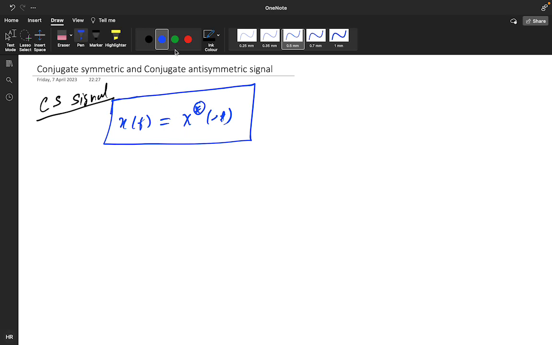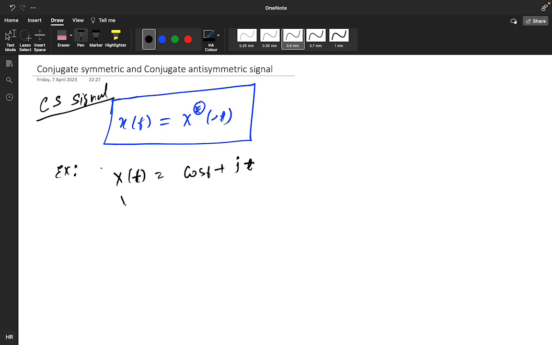Okay, I am giving you an example. Suppose x of t is equal to cos t plus jt.